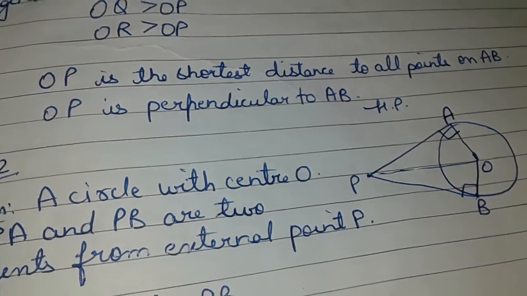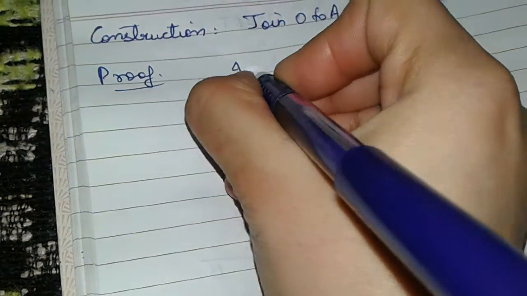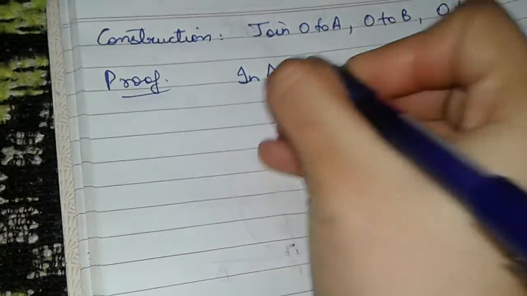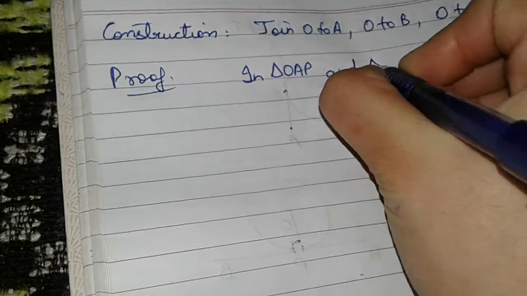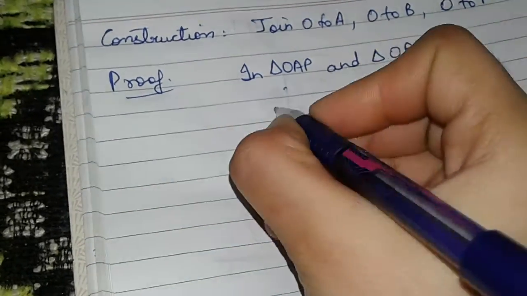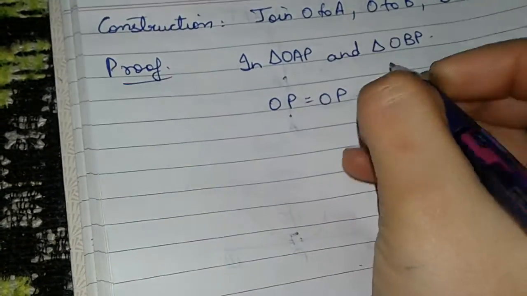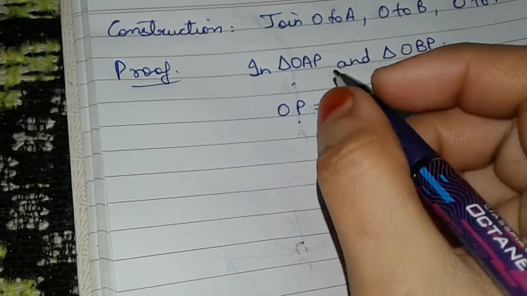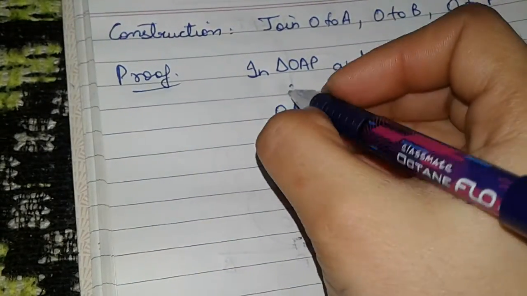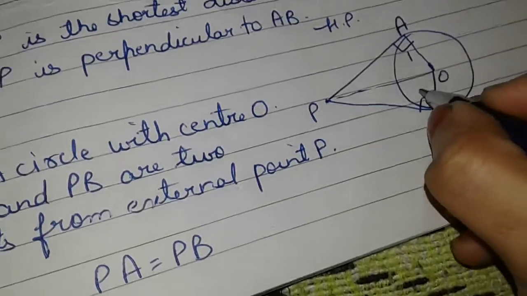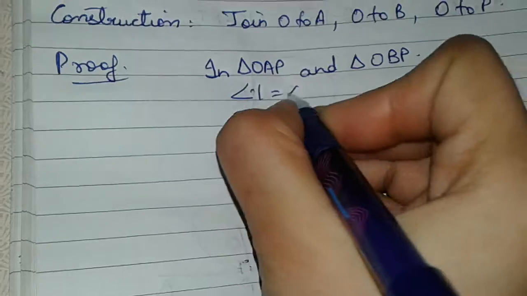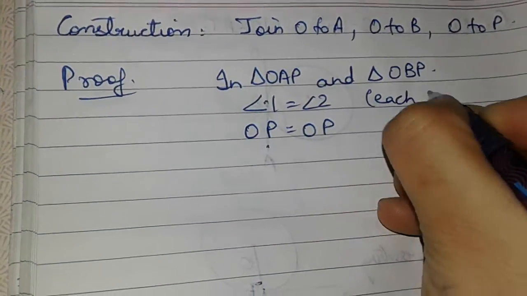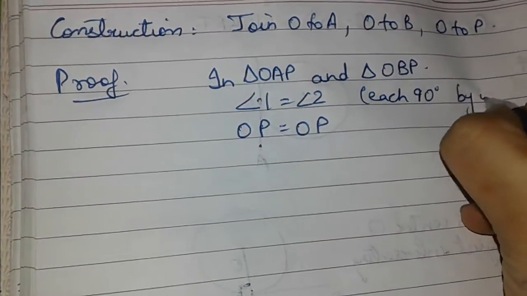In triangle OAP and triangle OBP, we will write right angle, hypotenuse and then side. First, right angle: name these angle 1 and angle 2. Angle 1 is equal to angle 2, each 90 degrees, by using theorem 10.1.